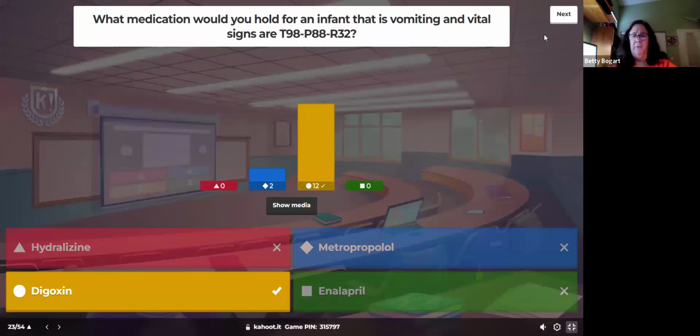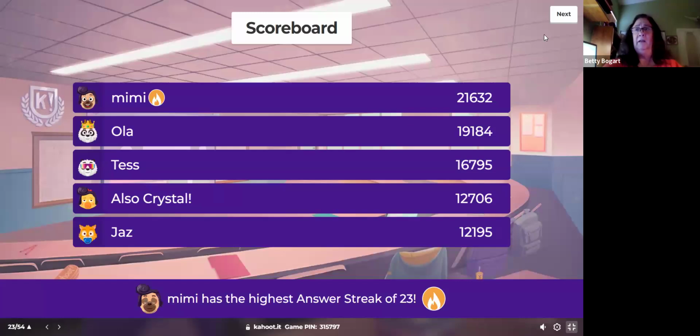Hydralazine is to decrease blood pressure. Metoprolol is a beta blocker. And enalapril, also Vasotec, is also used in cardiac issues. They are all used in children. But digoxin is the one that causes the heart rate to go low, and digoxin toxicity, big thing, might be the only thing you see in an infant: vomiting.